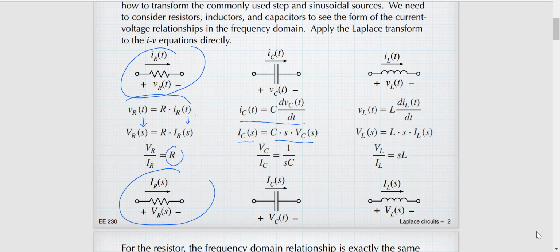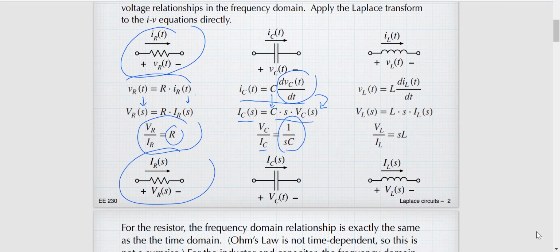C is the constant here, and dVc per dt becomes S Vc(S). If we want to calculate the capacitor impedance, we divide Vc per Ic, just like in the resistor, where we divide Vr per Ir to get the impedance. So Vc per Ic is 1 per SC.